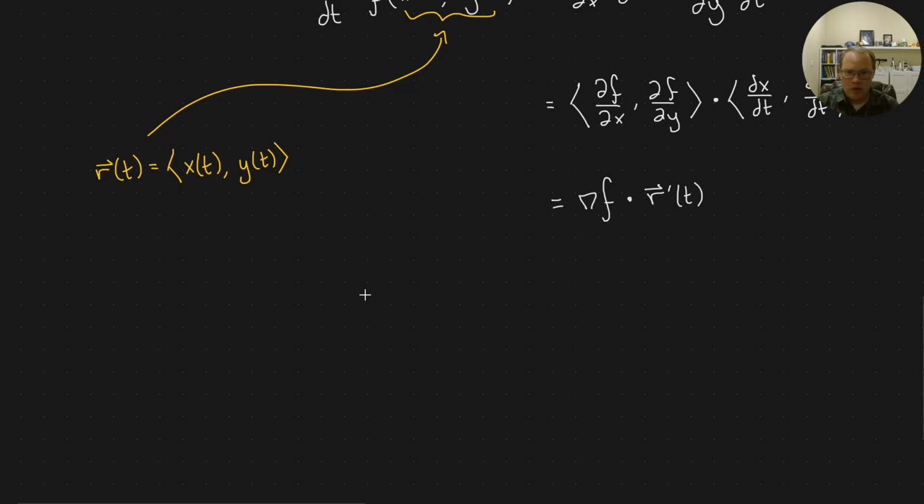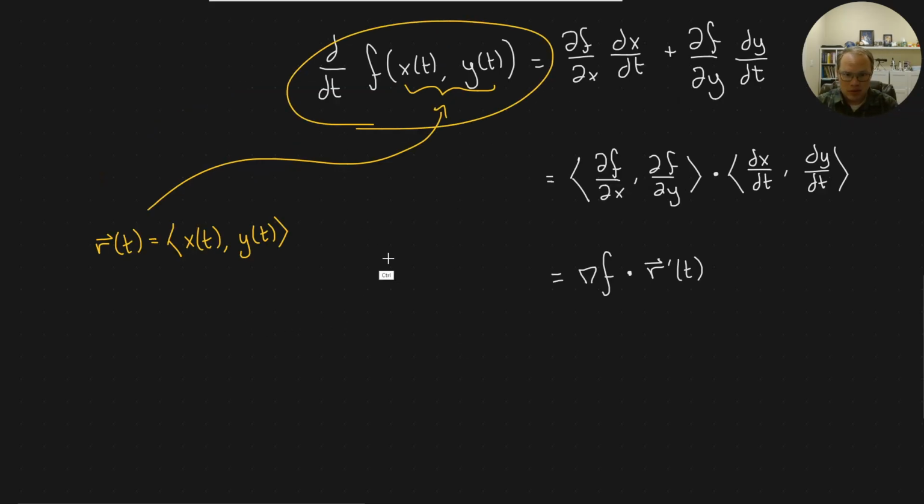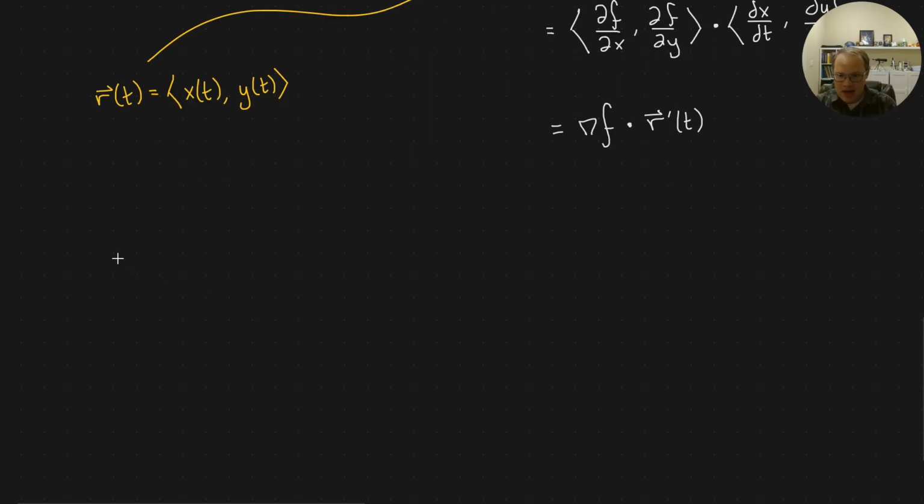So another way to write this is that if I am taking the derivative of some function and I'm plugging in a vector valued function into it, then the chain rule just says I'm going to take the gradient of the outermost function, the vector of partial derivatives, and I'm going to take the dot product of that with the derivative of the vector valued function I'm plugging in.